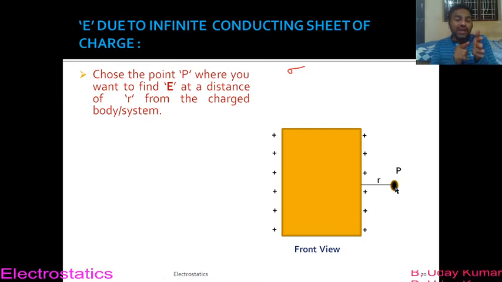If it has to be symmetrical, the Gaussian surface will not be a sphere at any cost, because the environment that you see from the sheet of charge around it will not be similar. At the same time, it will not be a cylinder either.